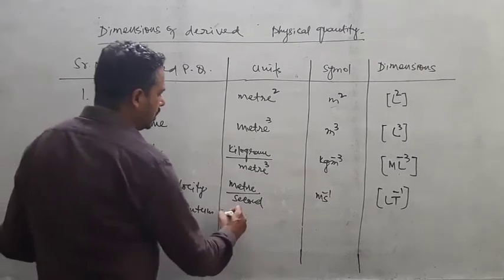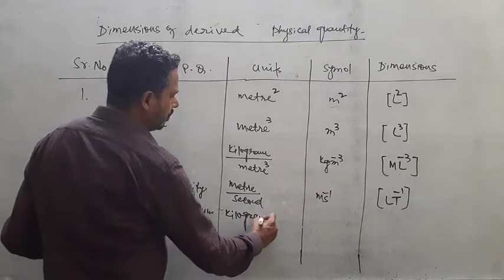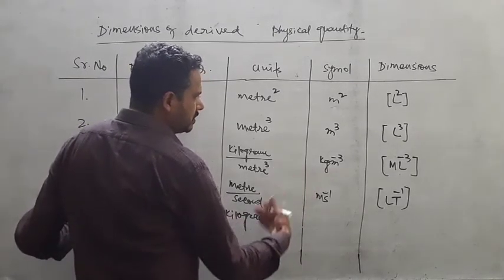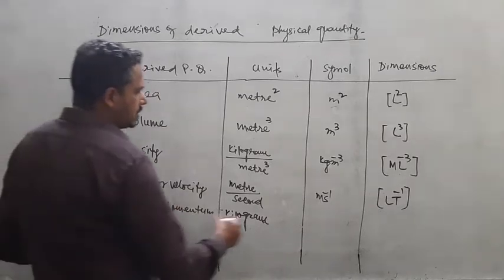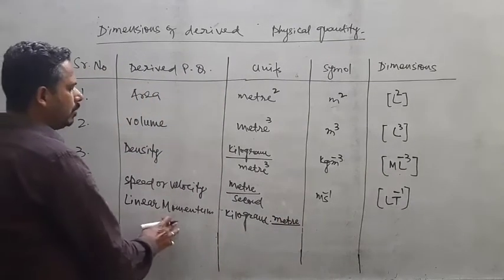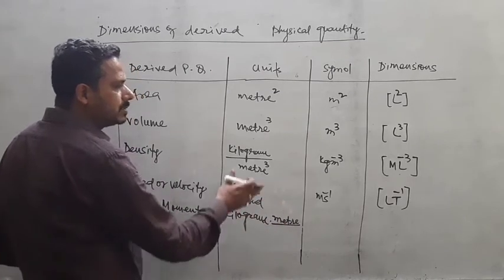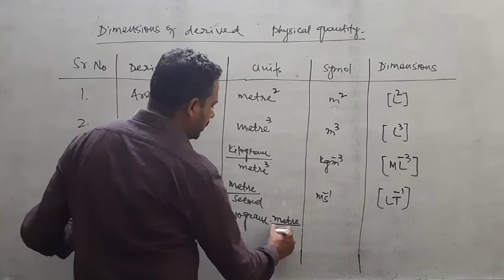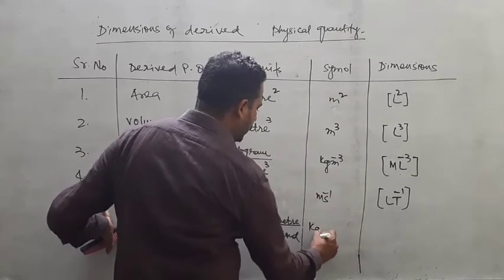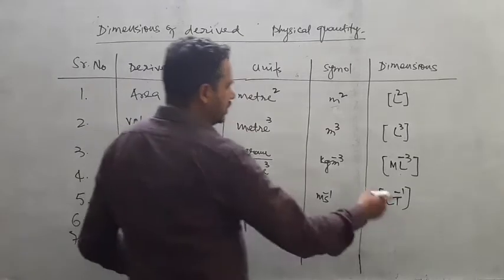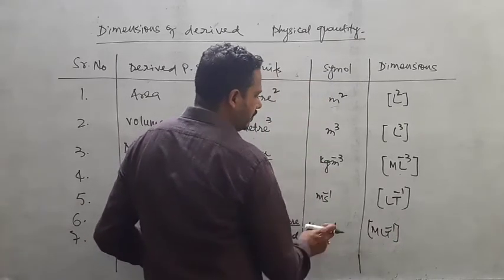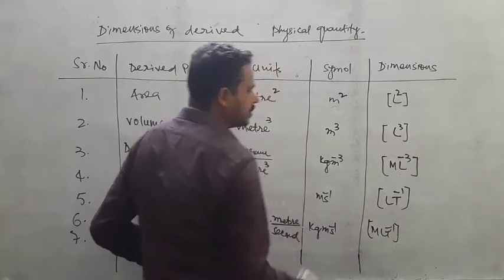For mass there is kilogram, and for velocity there is distance by time, so meter per second. So the unit is kilogram meter per second, and its symbol is kg meter per second. Its dimension is MLT^-1: M for kilogram, L for meter, T to the power minus 1 for time. So this is the dimension.